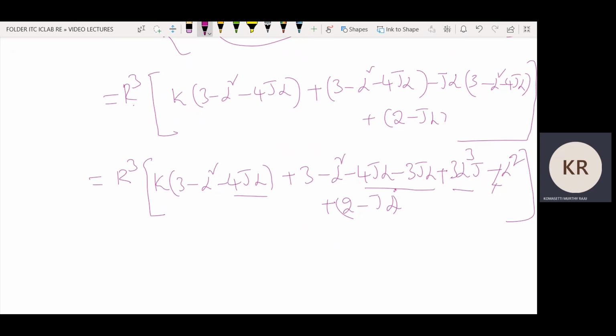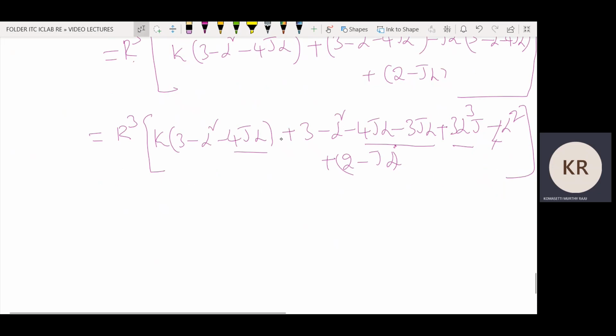These are the j terms, imaginary terms, and alpha is also common in these terms. Minus 4j alpha plus 3j alpha, 7j alpha. Here one more minus is there.